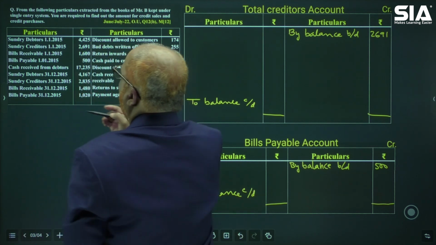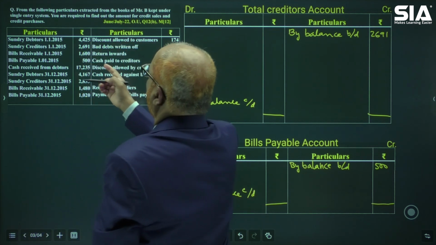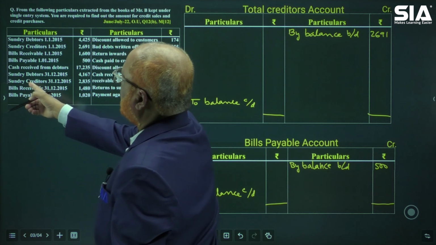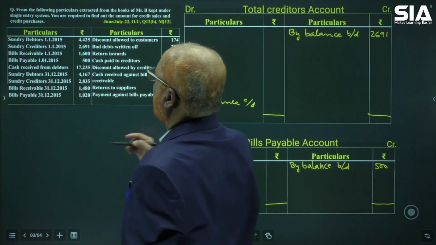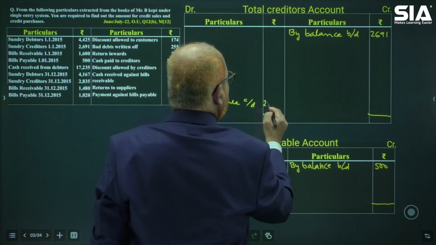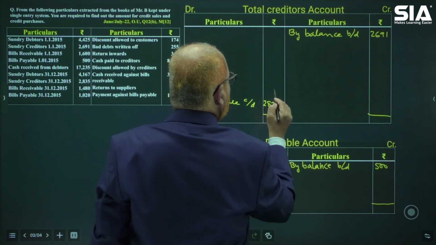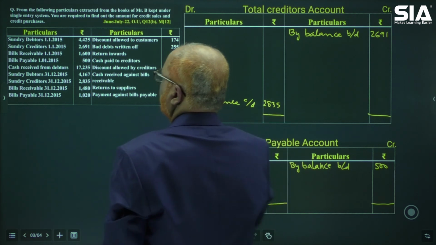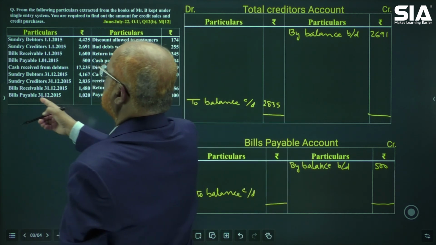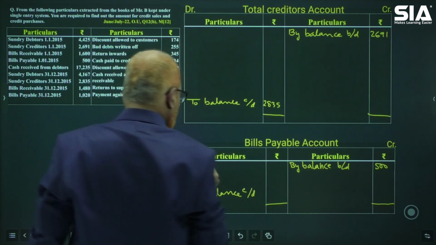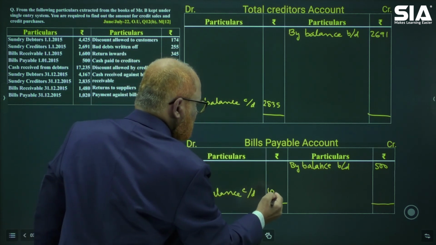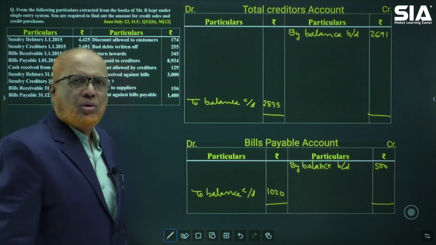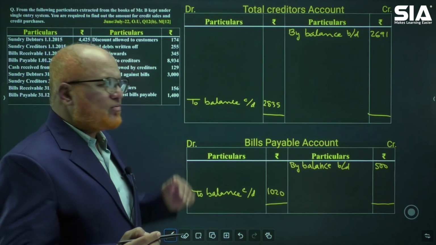How much is the closing balance of creditors? Sundry creditors closing balance is 2835. So here I am taking 2835. Similarly, closing balance of bills payable is 1020. That's all. Opening and closing balances we have taken.